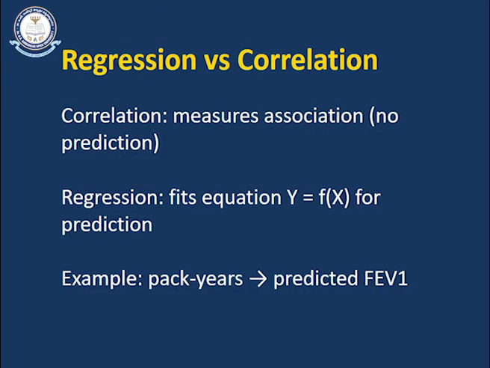Whereas regression tries to fit an equation like y equals f of x, or you can say y equals a function of x, for prediction. That's very simple, isn't it? Like using peak expiratory flow to predict FEV1.